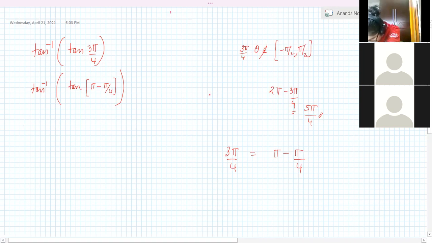Then we'll say this is tan inverse of tan of 180 minus theta, which is how much? Minus tan theta. So this will be tan inverse of minus tan pi by 4.